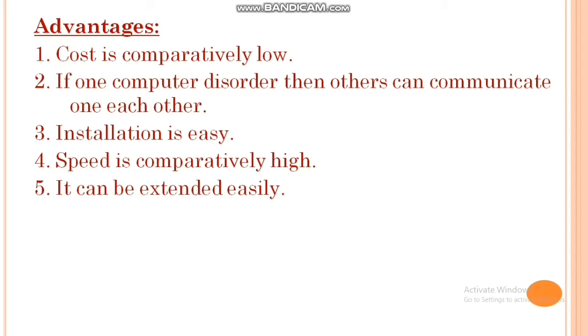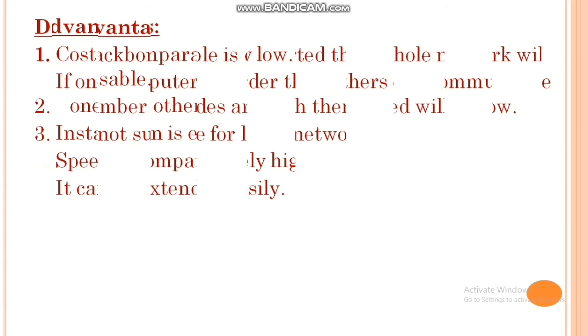Number 2, if one computer is disordered, then others can communicate with each other. Number 3, installation is easy. Number 4, speed is comparatively high. Number 5, it can be extended easily. That means new computers or new nodes can be added easily in this network.